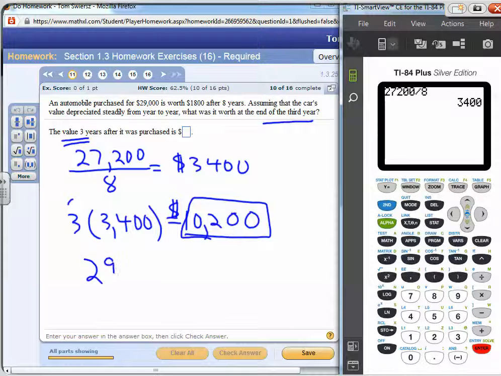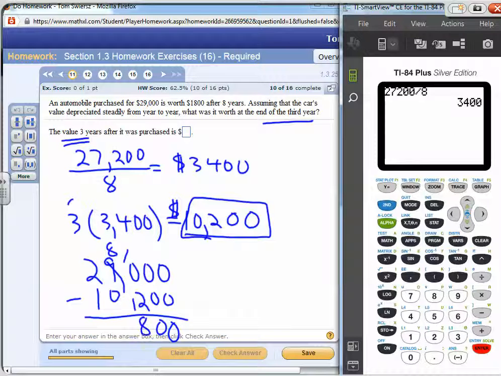It started at 29,000 and depreciated 10,200. So the value after 3 years is $18,800. Okay, take the original value, subtract the depreciation for 3 years, 3 times 3,400, 10,200, from 29,000, which leaves us with 18,800.